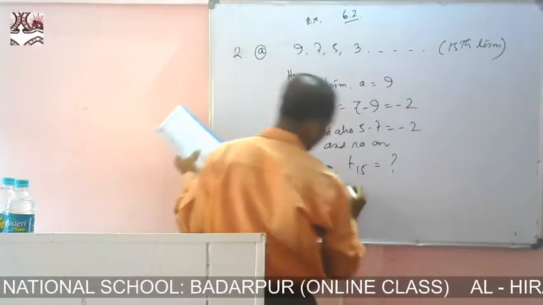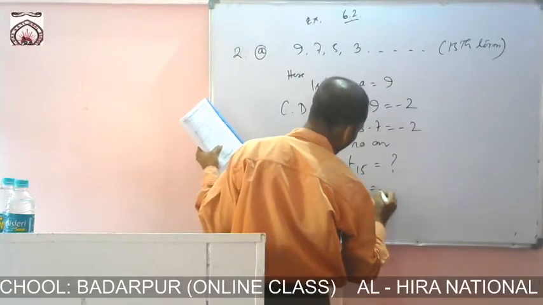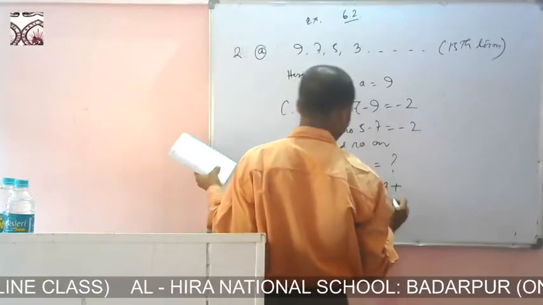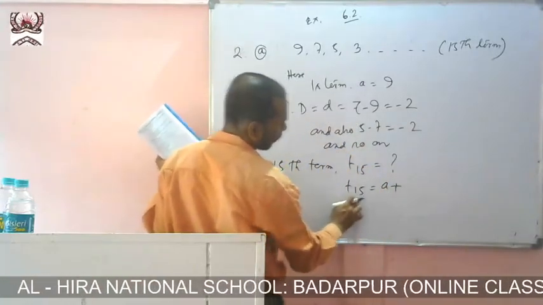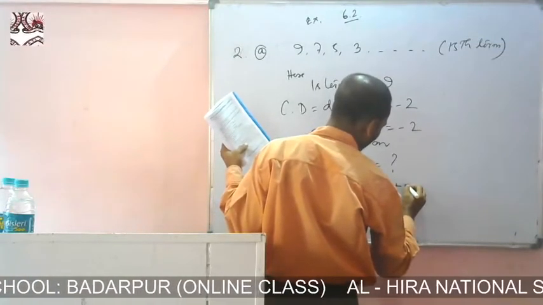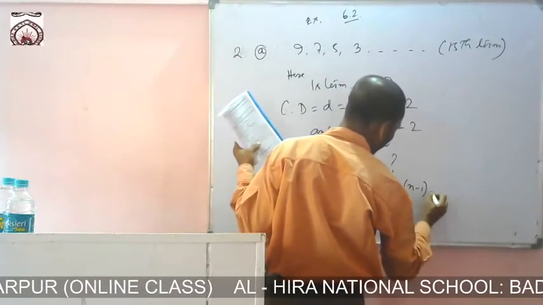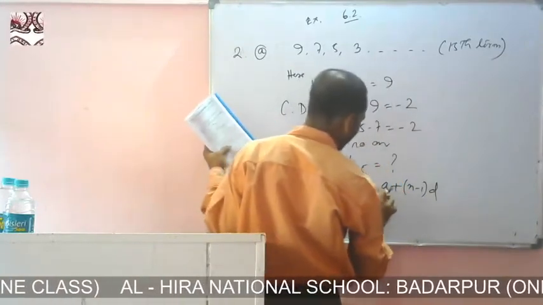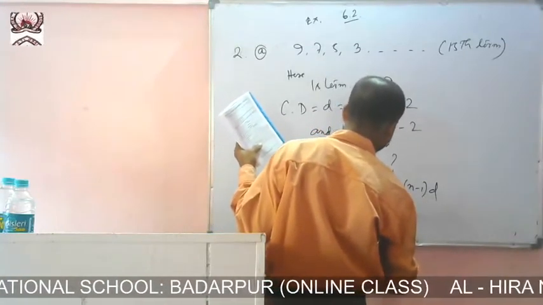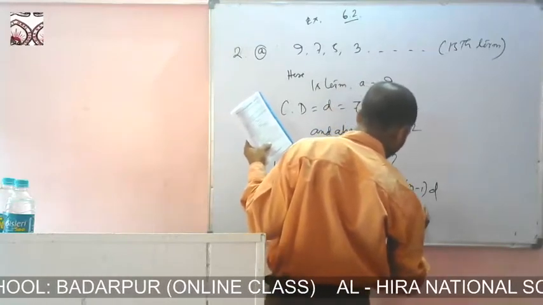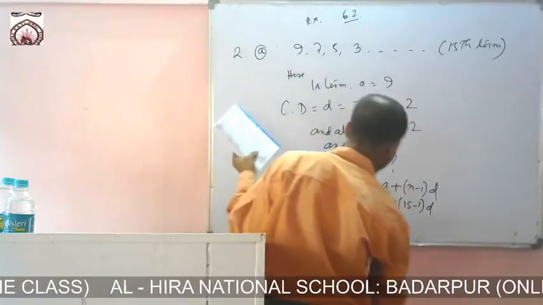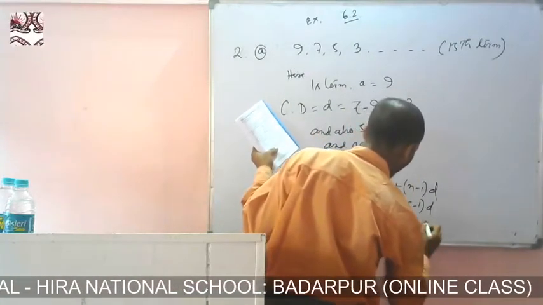So we know T15 will be A plus 14D. Here it is 15, so it will be A plus 14D, or you can write A plus n minus 1 into D. Here n is 15, so it is 15 minus 1 into D. So A is 9 plus 14 into minus 2.